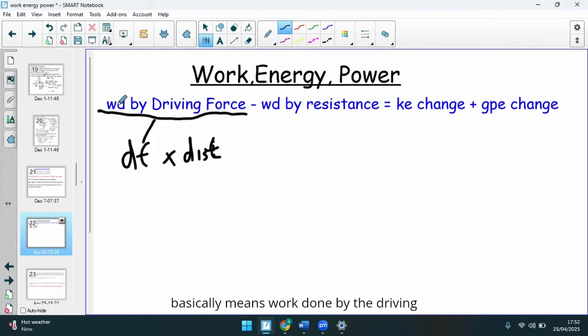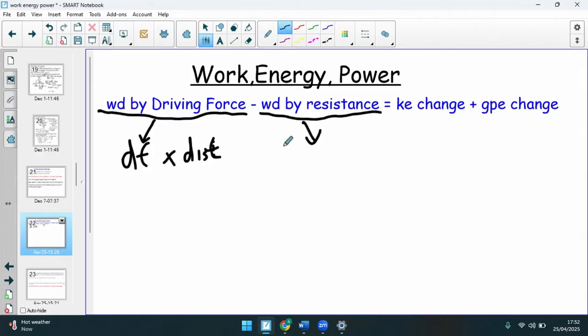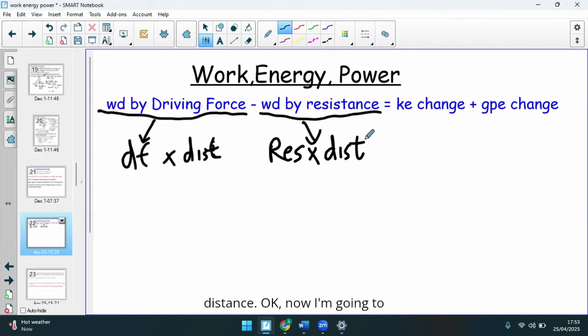And that basically means work done by the driving force of the car or the pushing force of the man. So it's basically the same thing as work done by driving force, right? Work done by resistance is resistance times the distance. Okay. Now I'm going to change this to D because we will use that in the diagrams and it will just make it easier, right?